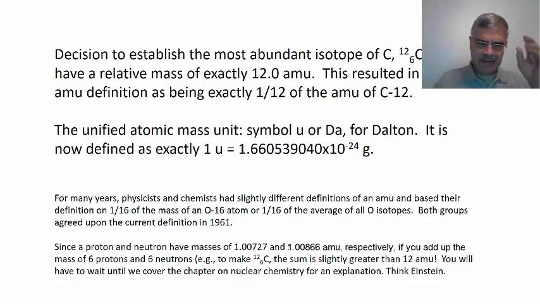So you have to think, if we have 6 protons, which have a mass of slightly more than 1, and 6 neutrons, which have a mass of slightly more than 1, how can that add up to be exactly equal to 12? Shouldn't it add up to be slightly greater than 12? And the answer is yes. And again, we'll have to cover this later in a chapter on nuclear chemistry or nuclear physics. Turns out it's something called a mass deficit. It's related to binding energy, and I say in this slide, think Einstein.